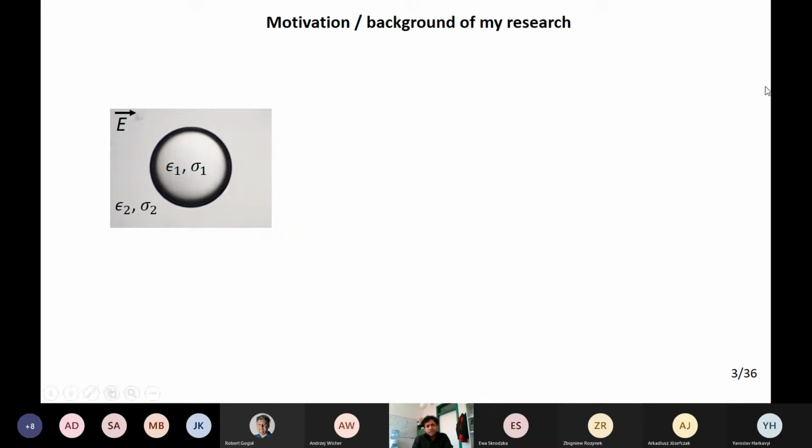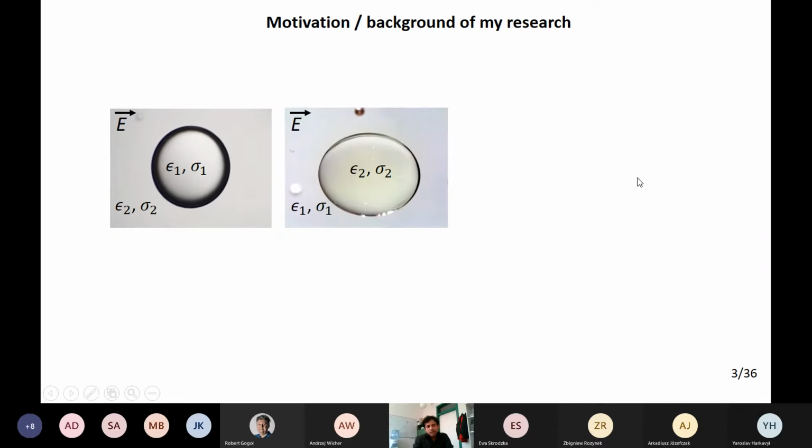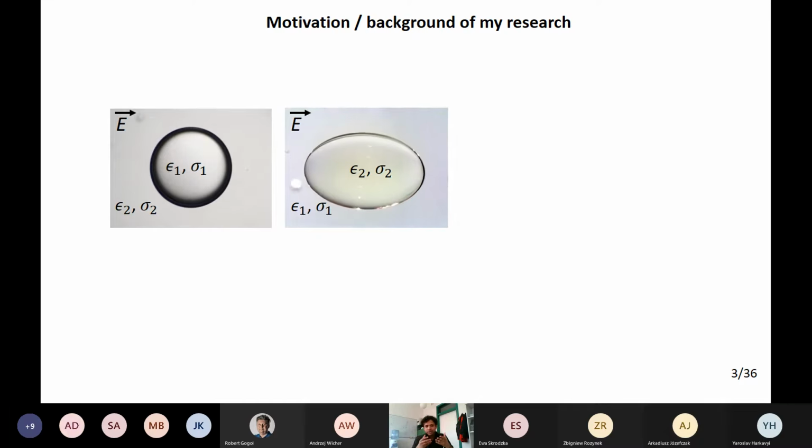Such a type of deformation we call the oblate deformation. If we reverse the system, we make a castor oil droplet in silicon oil, and on application of the electric field, the droplet acquires dipoles and deforms in the direction of the electric field. Such a type of deformation we call the prolate deformation.